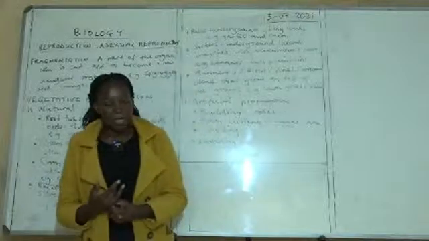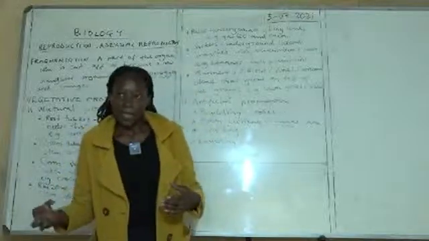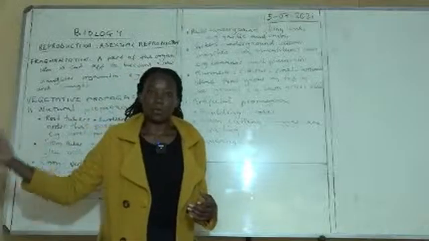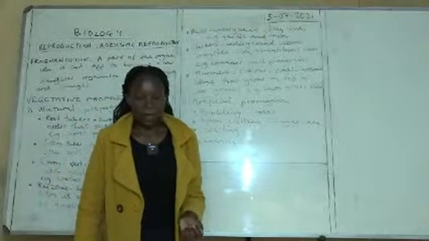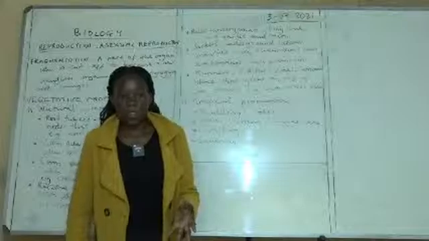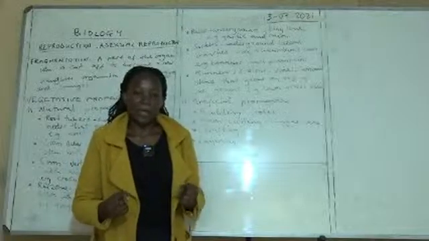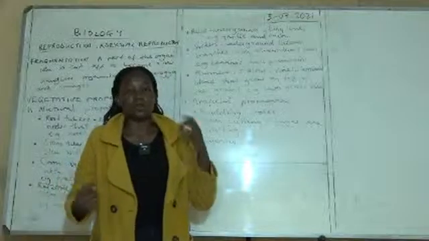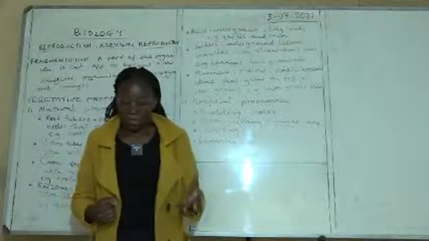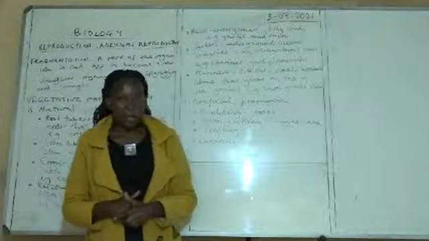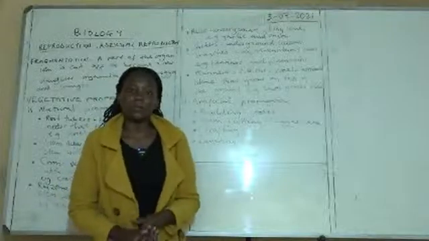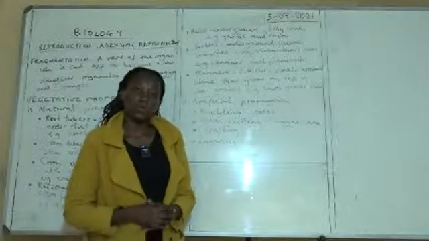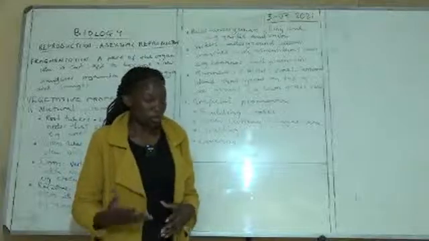One, we talked about budding, where a bud is formed and it will later fall off as a new plant. We looked at binary fission, where the cytoplasm is broken and a new daughter cell is broken out of the parent cell. Then we also looked at spore formation, where spores are formed and they grow into new organs or new cells.